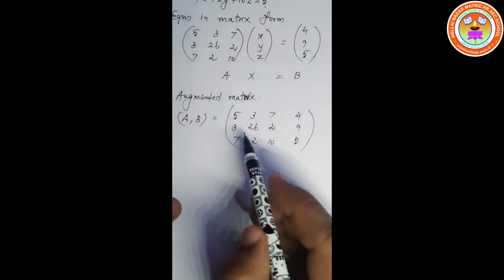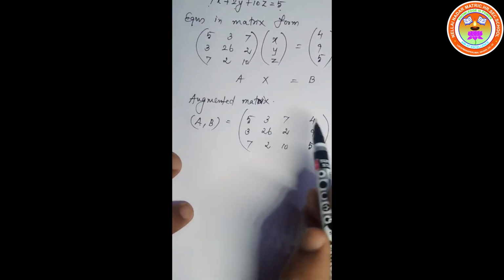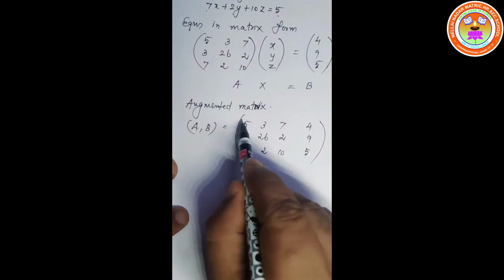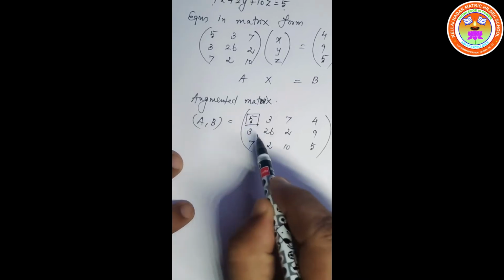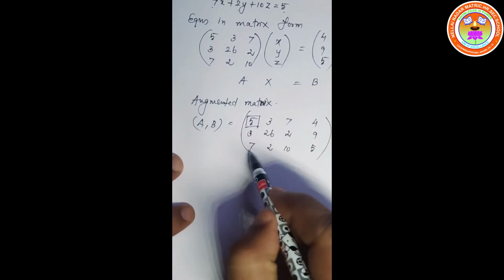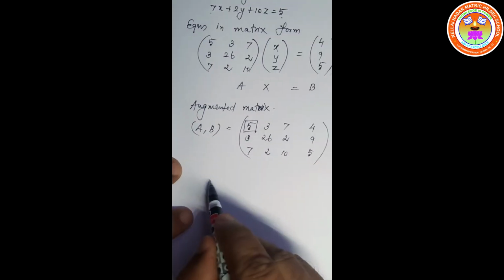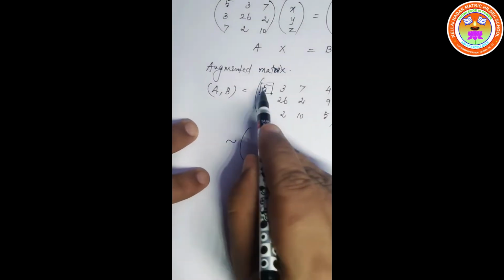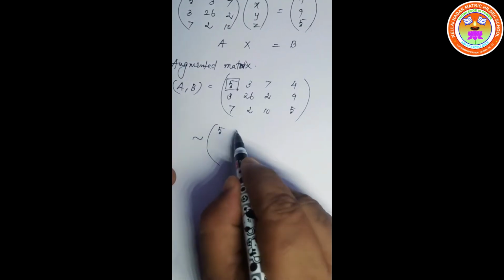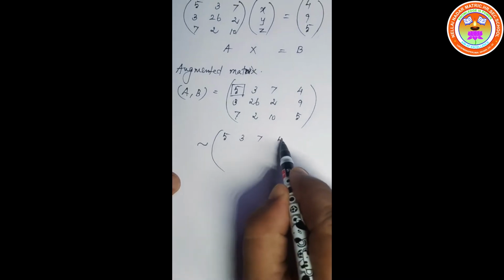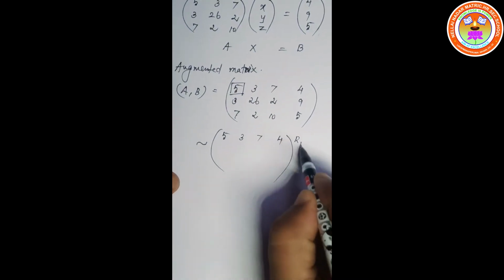For that, you have to consider the first non-zero element. This is the first non-zero element in the first row. Below it two numbers are there, 3 and 7, both to be converted into zeros, right? Write the first row as it is, 5, 3, 7 and 4. First row no change at all.